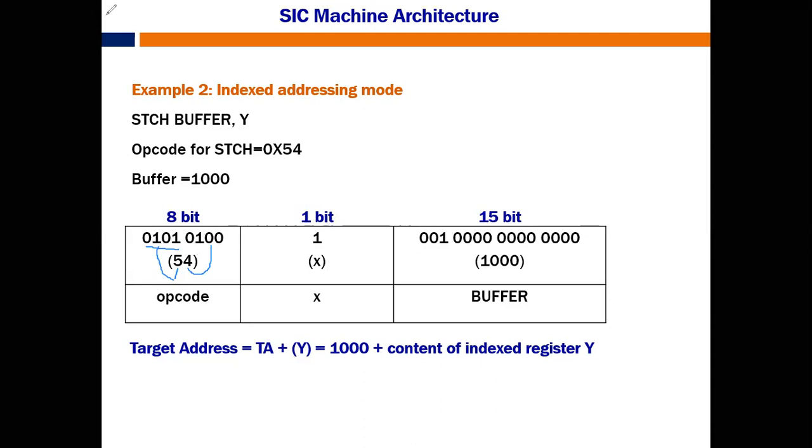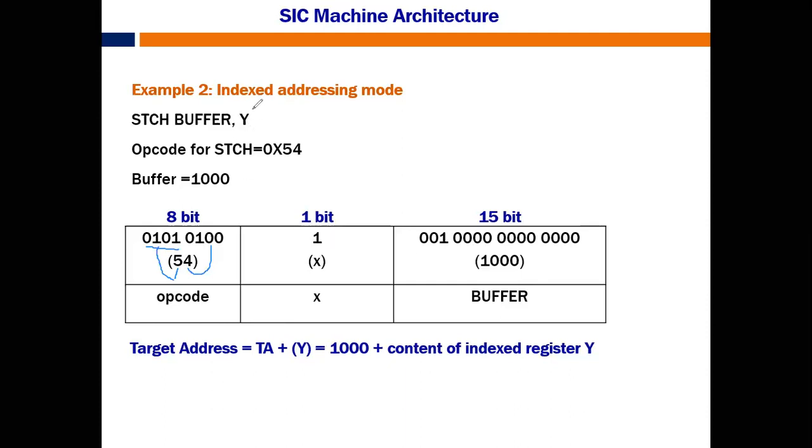Let us assume that in the buffer we have the 15-bit address 1000 itself. Now, how to find the target address, that means where to go and store these values, that we will see. The target address is 1000 hexadecimal, plus the contents of this x.